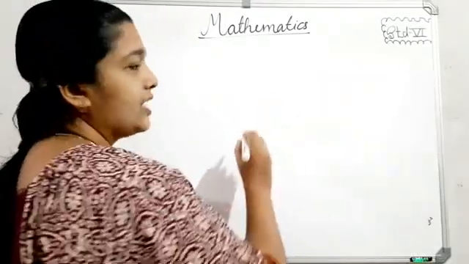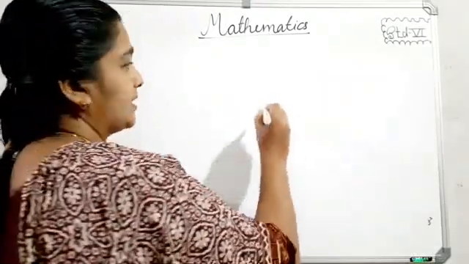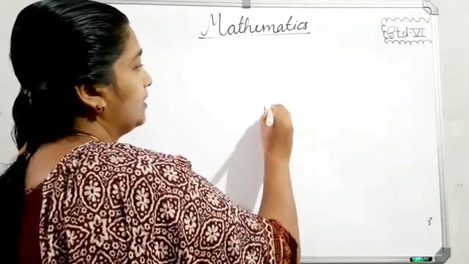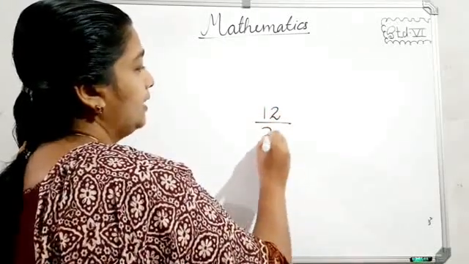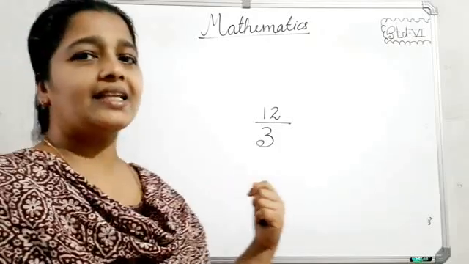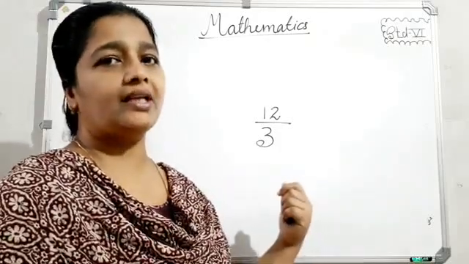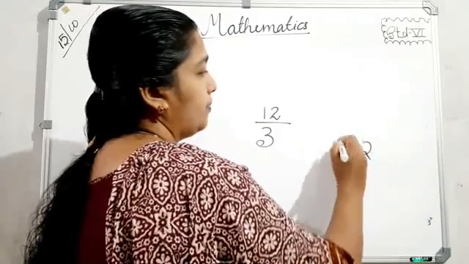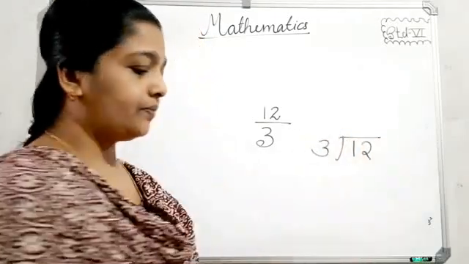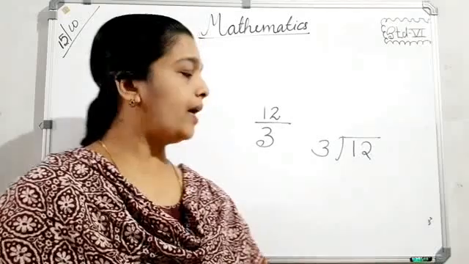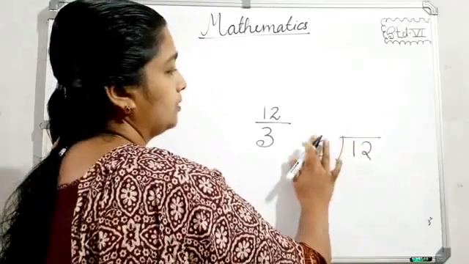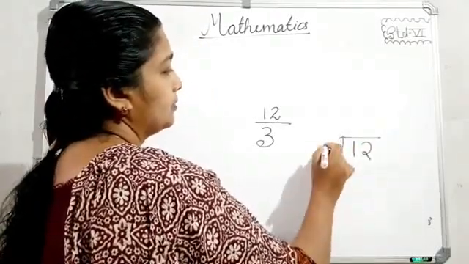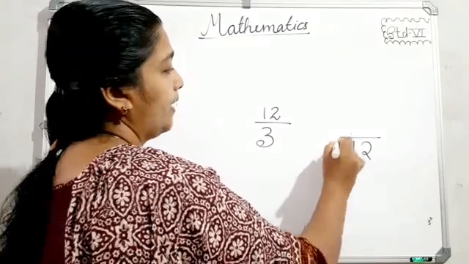Next, listen, how we can represent an improper fraction as a mixed fraction. Example, 12 by 5. This is an improper fraction. How can we represent it as a mixed fraction? First step, we want to divide 12 by 5.